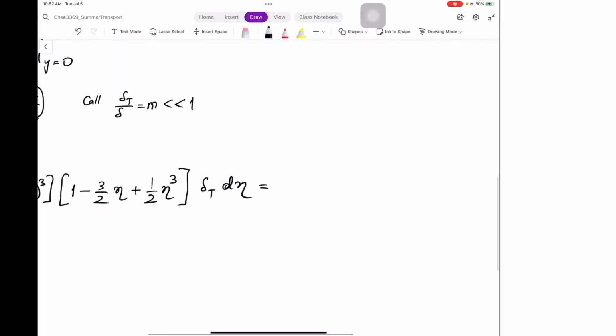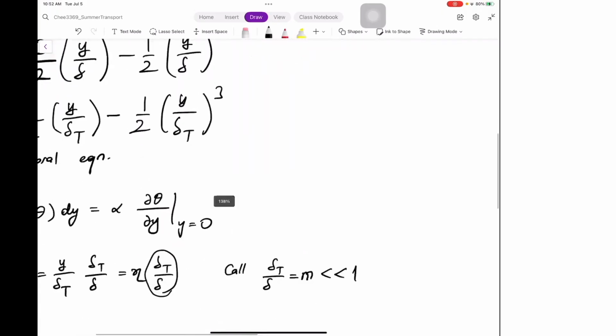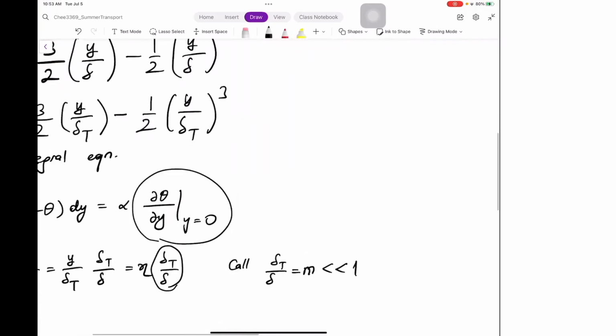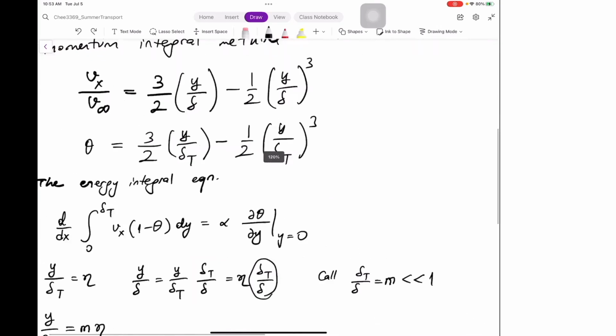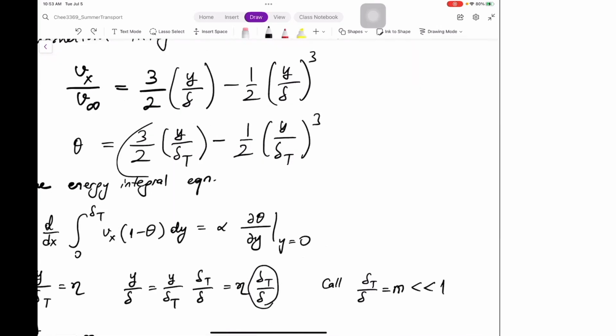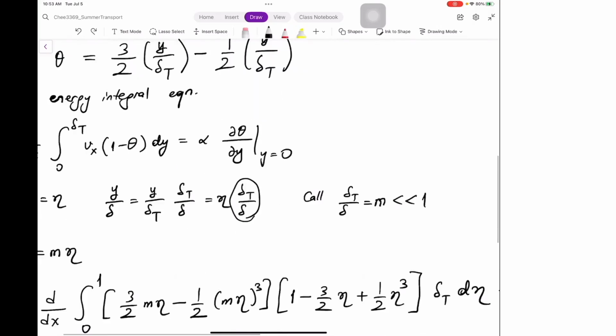That's equal to 3 alpha over 2 delta t, as we did before. You just calculate this term at y equal to 0 using this form, and you should get that.